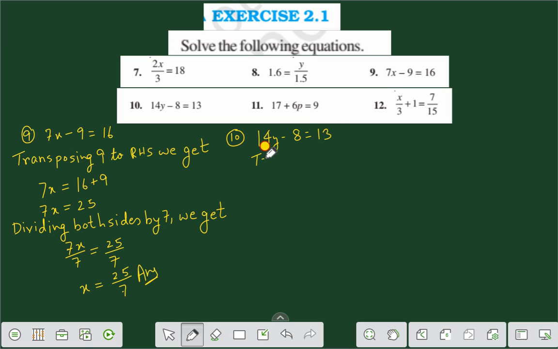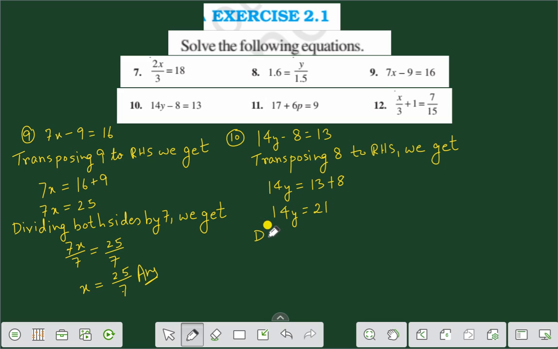Transposing 8 to right hand side we get 14y is equal to 13 plus 8, or 14y is equal to 13 plus 8 is equal to 21.